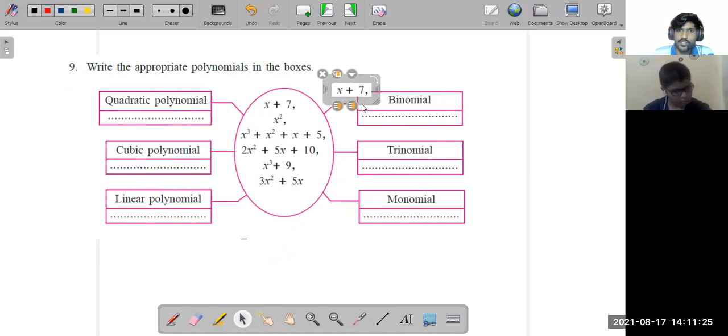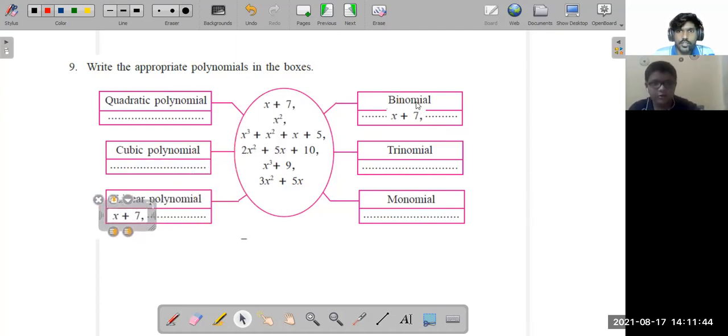How many terms can you see in x plus 7? 2 terms, sir. So it will be binomial. But one more thing, what is the power? It's also linear. Correct. It is also linear. So I'll put it here and here.